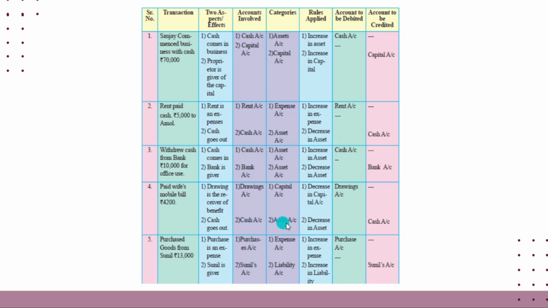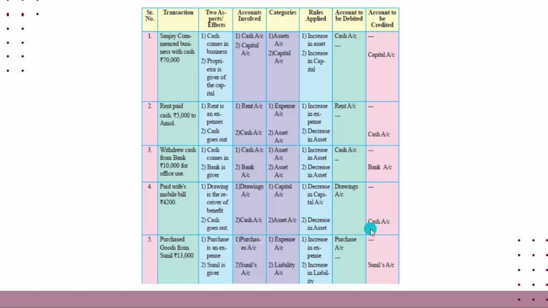Cash is an asset, so asset account. The rule for capital was increase in capital is credited and decrease is debited. So here there has been a decrease in capital account. When you withdraw amount from your capital, what will happen? Your capital will get reduced. So decrease in capital will be applied here.